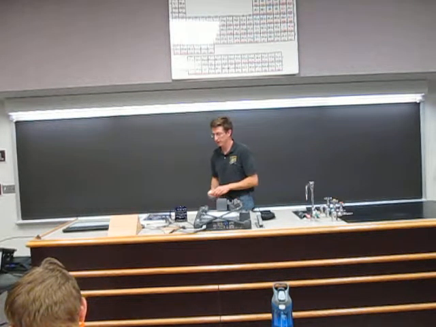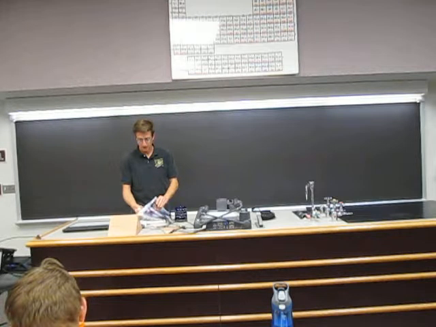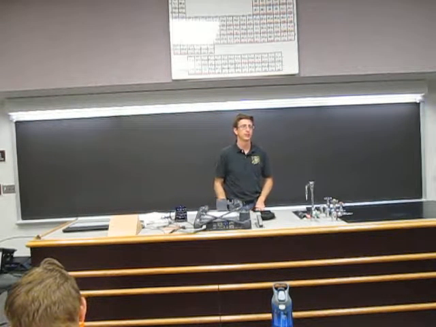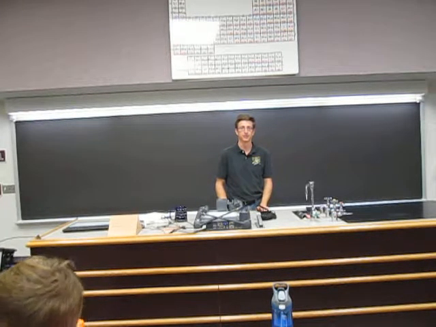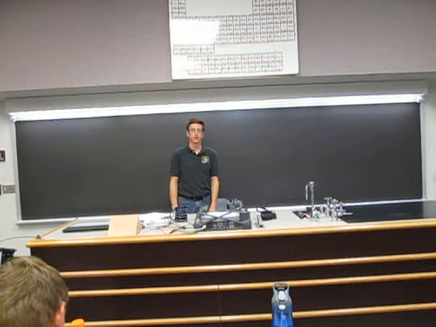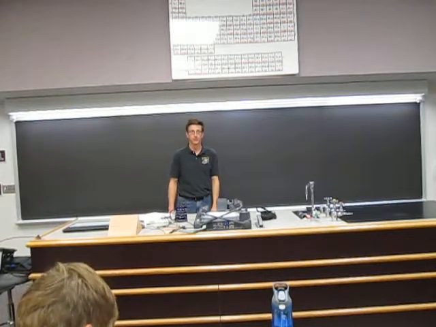All right, let's go ahead and get started. So, in lecture, last class period, we were talking about equilibrium. And there were two conditions for something to be in what we call static equilibrium.